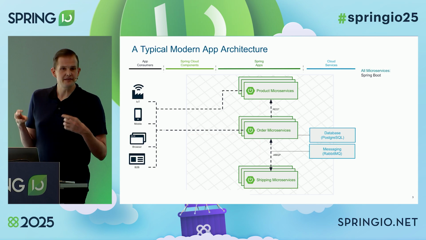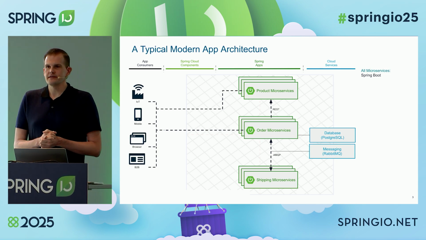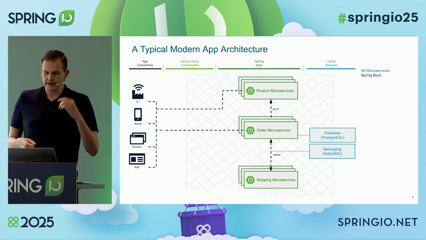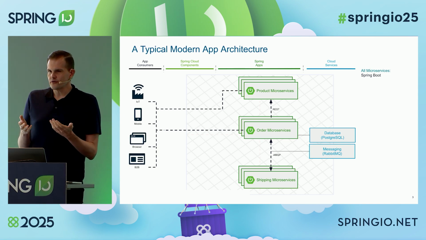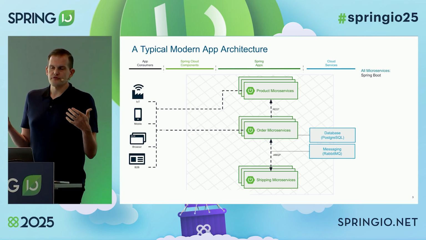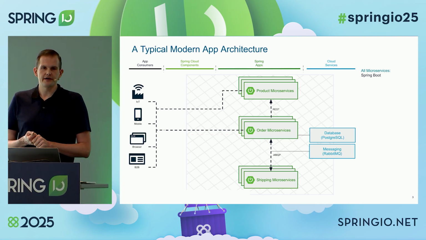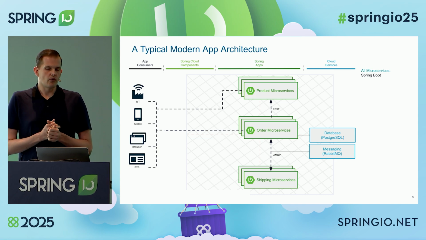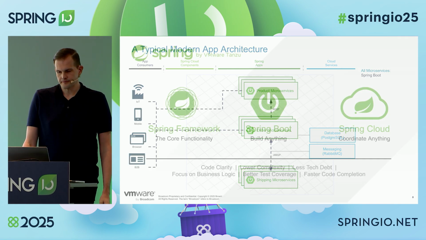So a really basic example, but you can see a lot of the challenges those architectures bring. And even though it's a microservice example, you can also use a lot of the patterns I will show you with, for example, modular monoliths or other architectures.